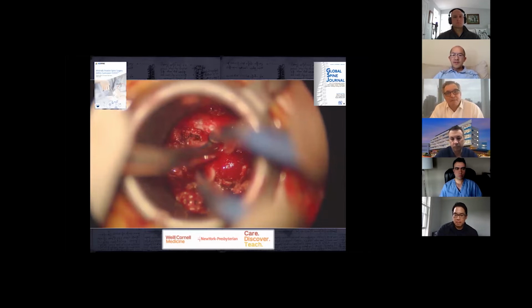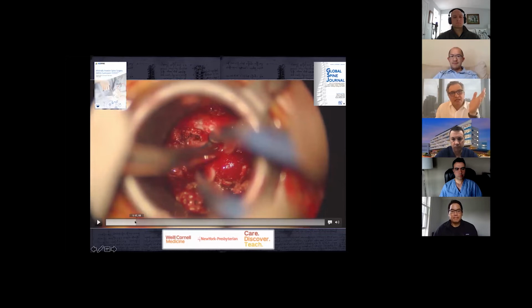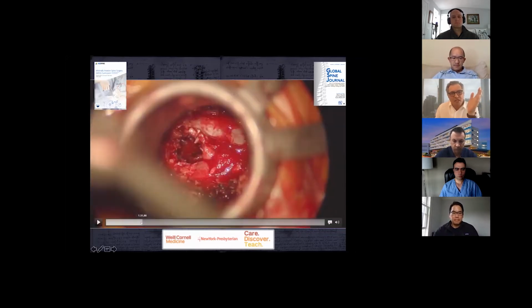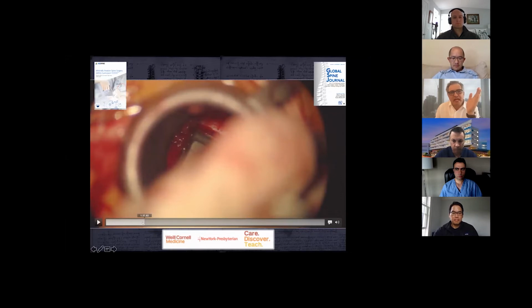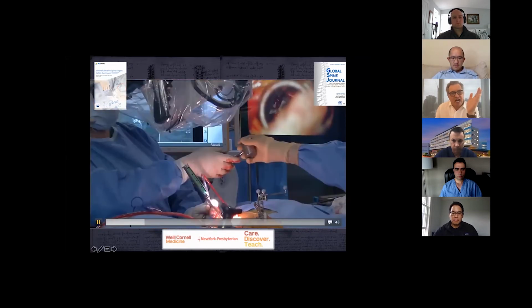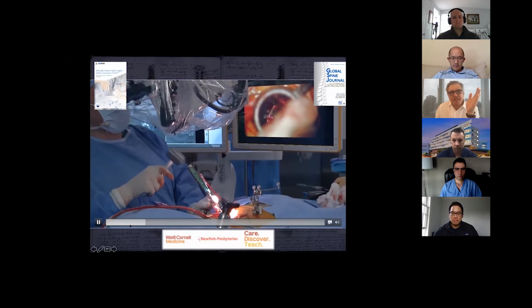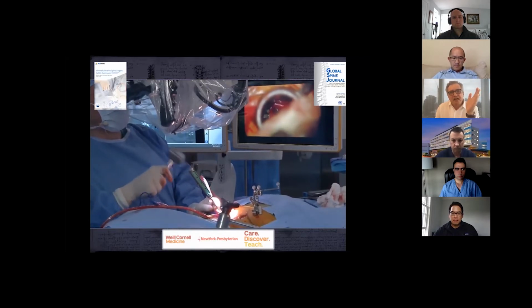Great. Well, you definitely still have time, so please keep going. Yeah. So now here we're at the point we did the discectomy. We put in the bone graft. Now in this particular video, we're using a cage. I think this was a P cage that we put in. This was done maybe 4 or 5 years ago.